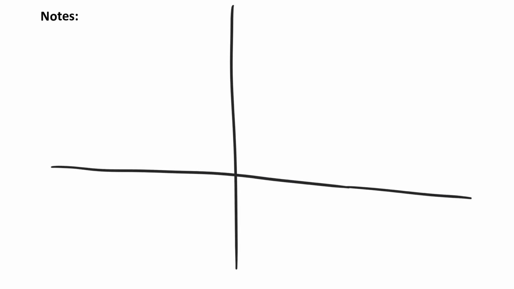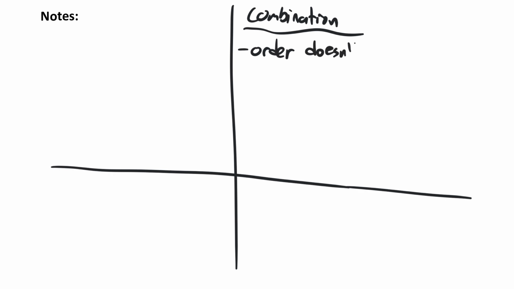So let's go ahead and take some notes on this. The basic idea today is a combination. And when you're doing a combination, this is because the order doesn't matter. So whether you're thinking of cats in a group, whether you're thinking of toppings on a pizza, the order that you have the items doesn't matter.